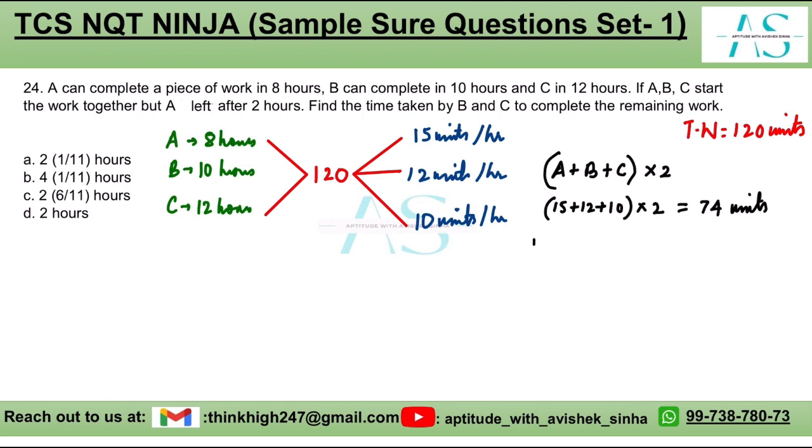So what is the remaining work now? Total work minus 74, which is 120 minus 74. We have 46 units remaining.